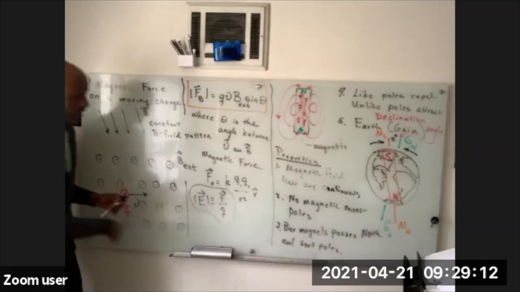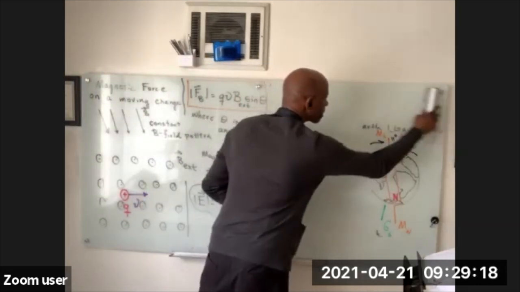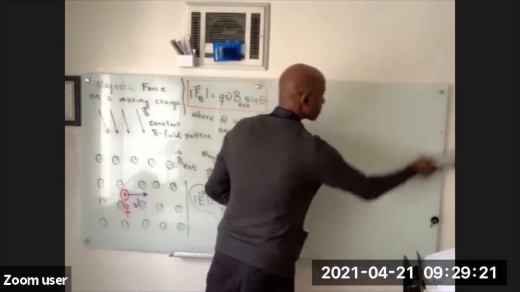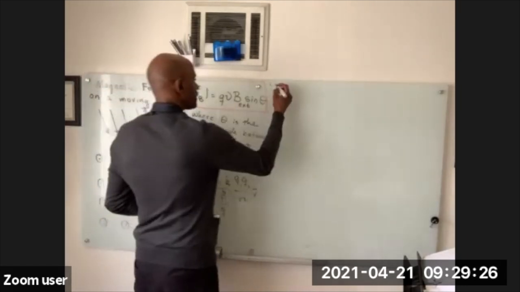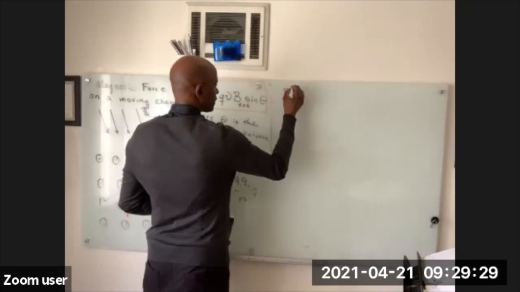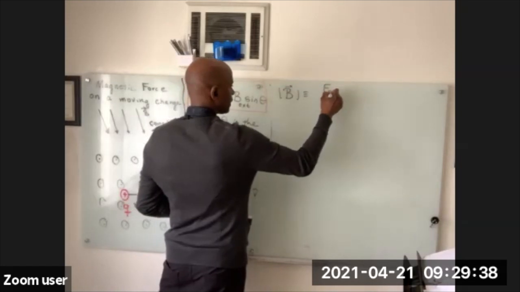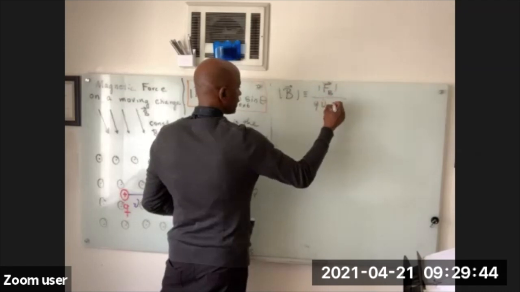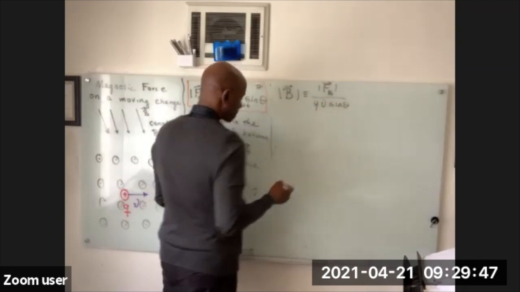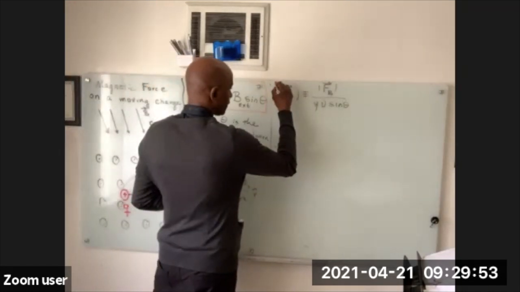And so here, what we say is that the definition of the field B, the magnetic field, the magnitude anyway, is defined as the magnetic force F_B divided by q v sine theta. Technically, this is the definition of the magnetic field.